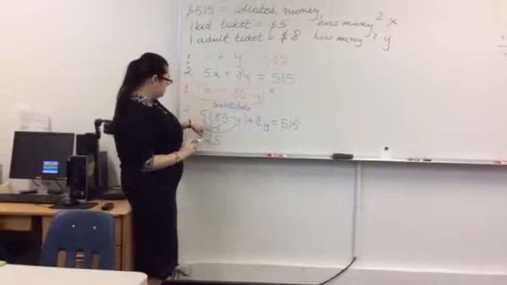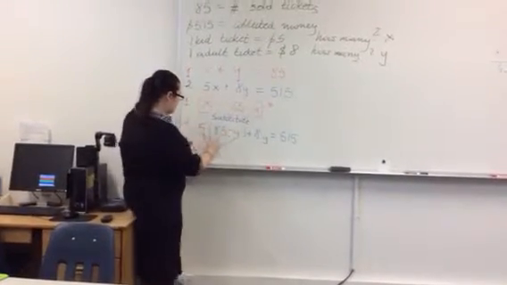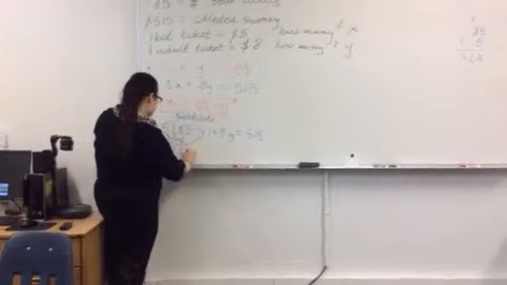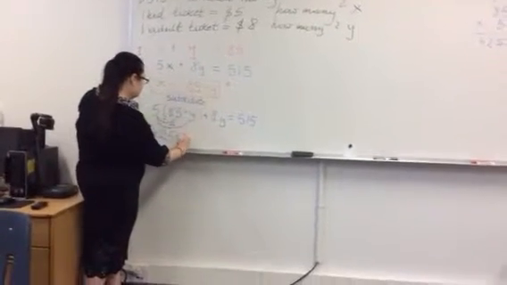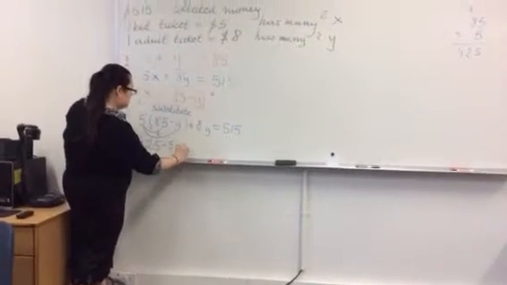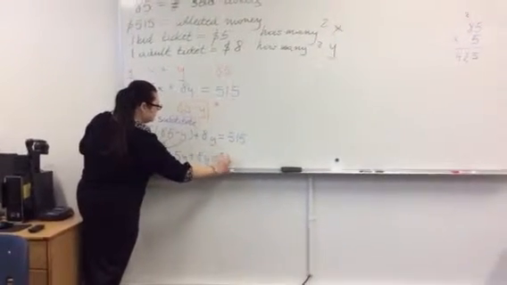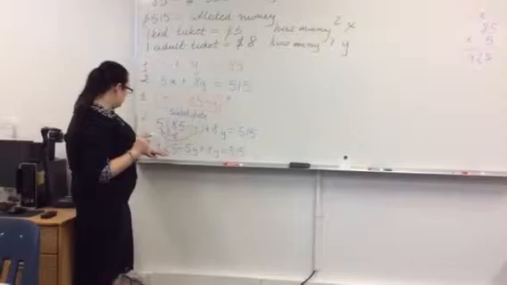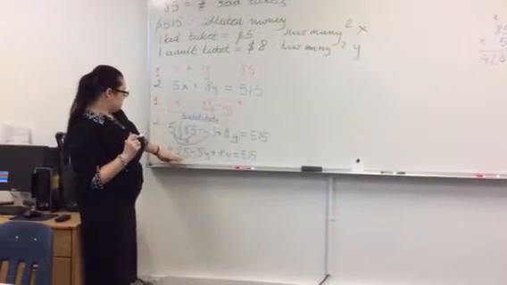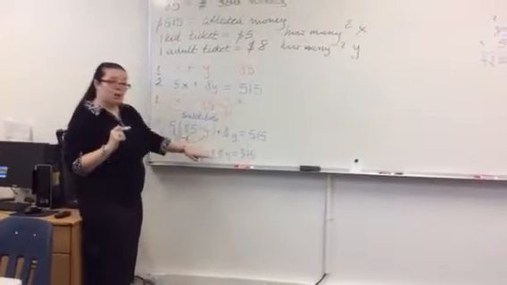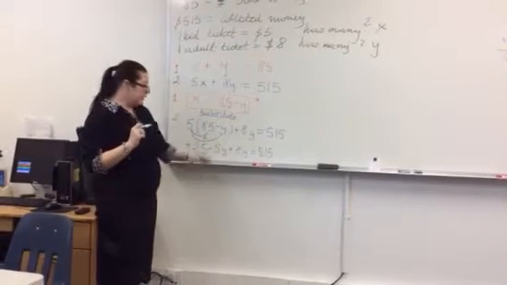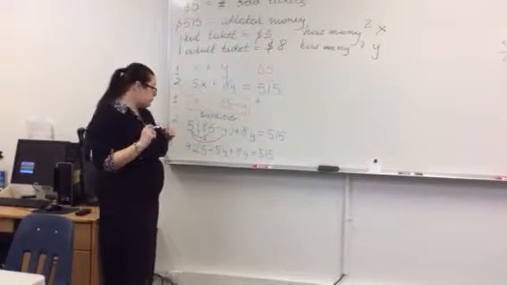Now we have to multiply the second element, 5 times y. So it is minus 5 times y plus 8y is equal to 515. Okay, so now we have only one unknown, which is y, and we can figure out this y now.